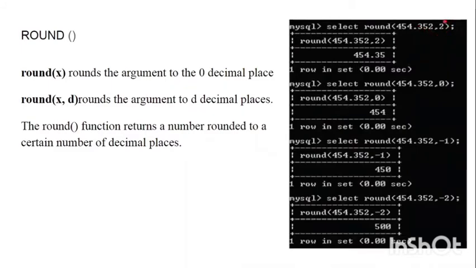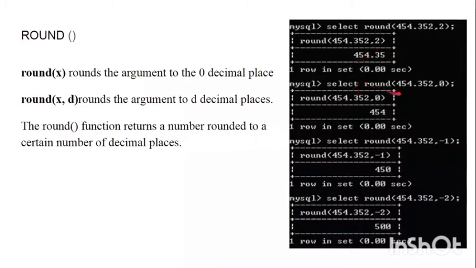Here we have to round to 2 decimal places, so after the decimal there should be 2 values. So this round function rounds 454.352 as 454.35.